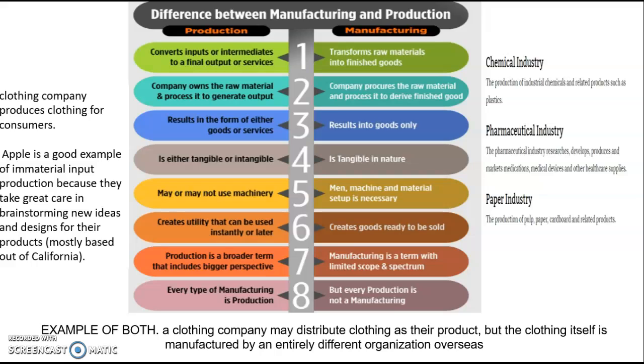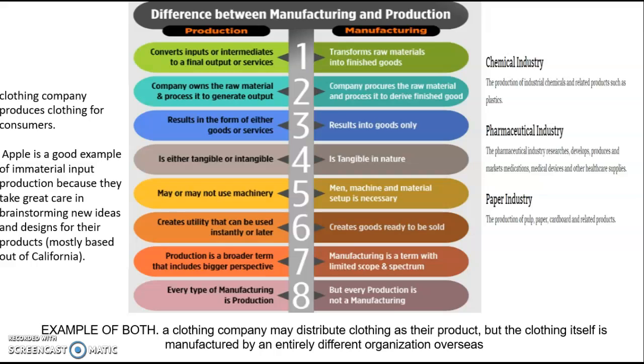Production converts inputs or intermediates to a final output of services. On the other hand, manufacturing is to transform raw materials into finished goods. You can imagine that manufacturing is when you have raw materials, for example, corn. When you have the plant of the corn, you take it into a factory.